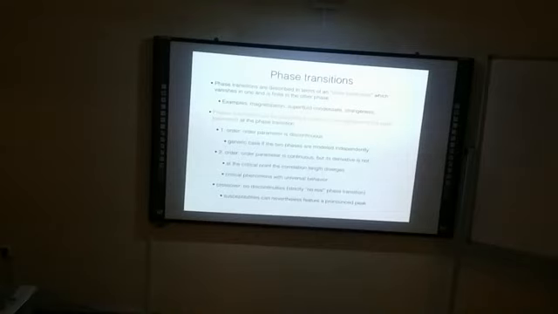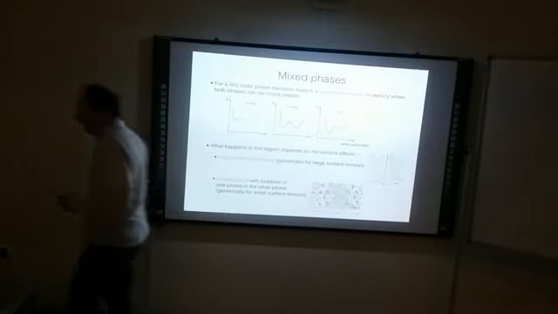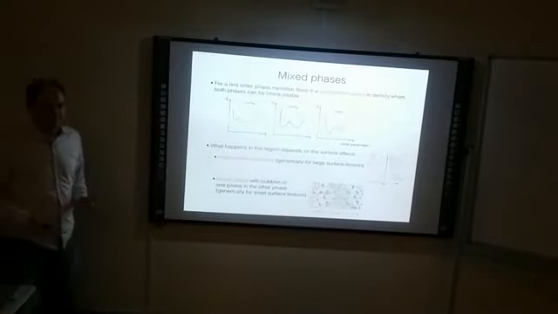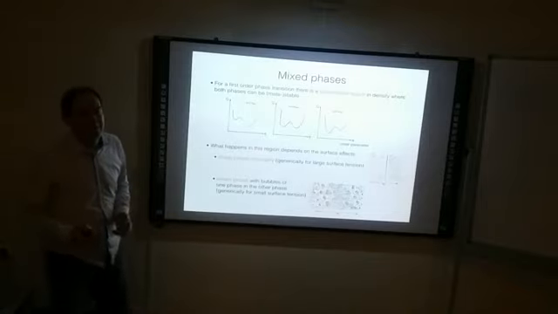So this would be the value in one phase, this is the value in the other phase, and you can have different ways of going from this value to this value.